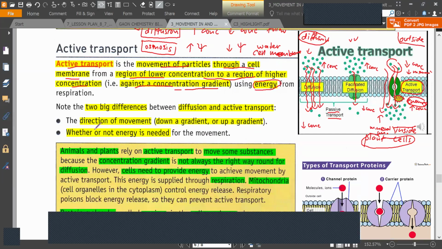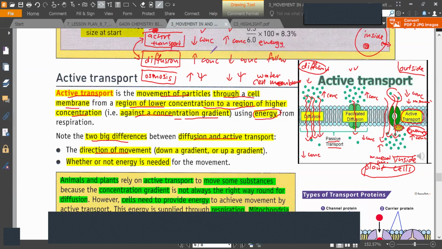These are the two big differences we need to remember about diffusion and active transport. The direction of movement: diffusion is high concentration to low concentration, active transport is low concentration to high concentration. Whether energy is needed: diffusion requires no energy, we don't have to do anything, it happens by itself. Active transport, we need to provide energy.